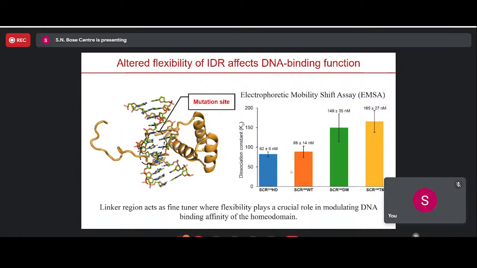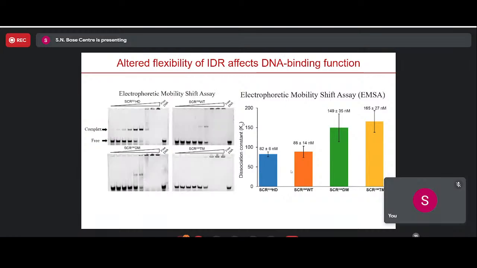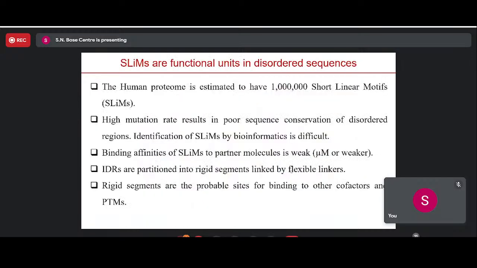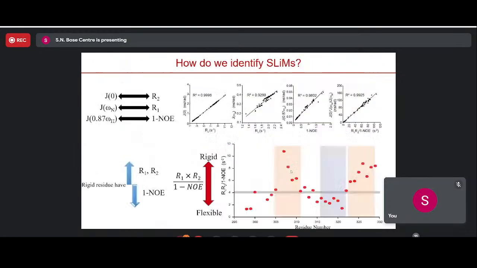Yes. Spectral density and the J value, can they be obtained directly from the experiment, since J is some kind of function? Yes, we can actually calculate that directly from the experiment. The spectral density function is something like 2/5 times ω squared τc by 1 plus ω squared τc squared, something like that.